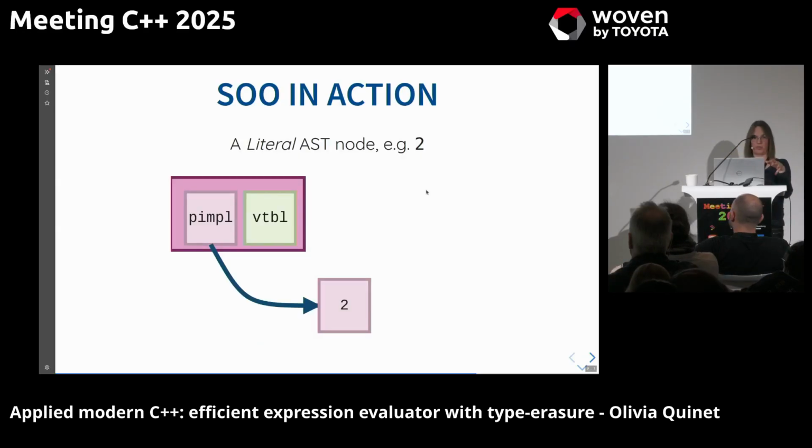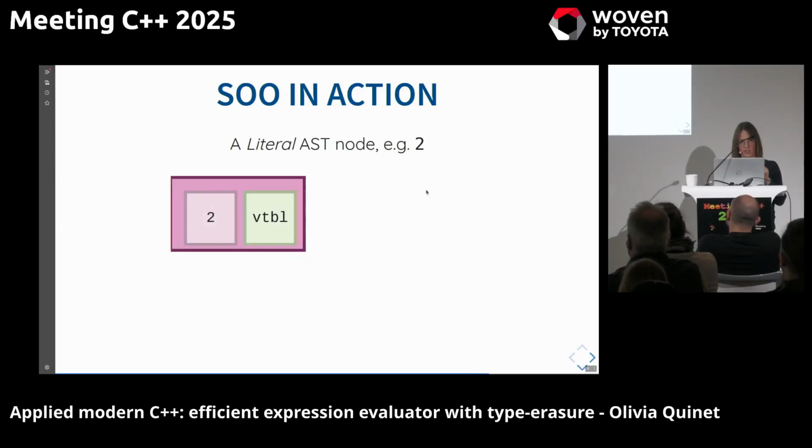So in fact, before, for example, for a literal AST node containing 2, we will have a pimple and a VTBL. The pimple will point to the value 2. And after the SSO, we have the 2 inside. And the VTBL is correctly updated just because it knows that the 2 is inside the pimple. So there is no switch or anything knowing, okay, am I in SSO mode or not?